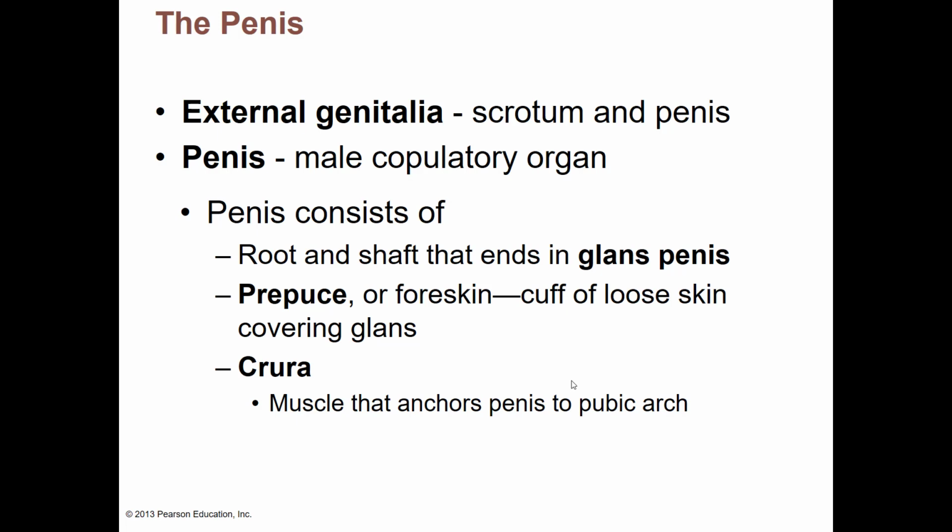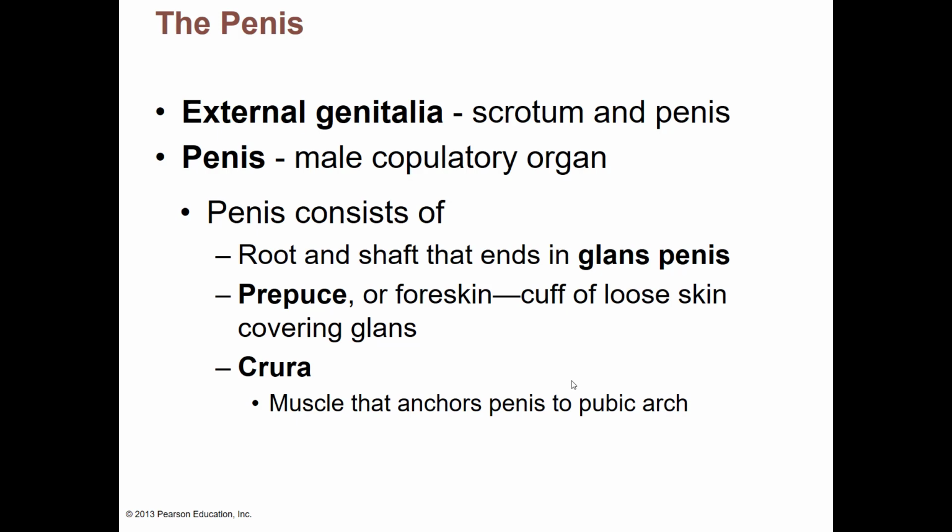Now, the penis is your male copulatory organ. Its job is to get the sperm into the female reproductive tract. And it consists of various parts. It has a root and shaft that end in the expanded, thicker glans penis. It also has a prepuce or foreskin. It's a cuff of loose skin that covers the glans penis.